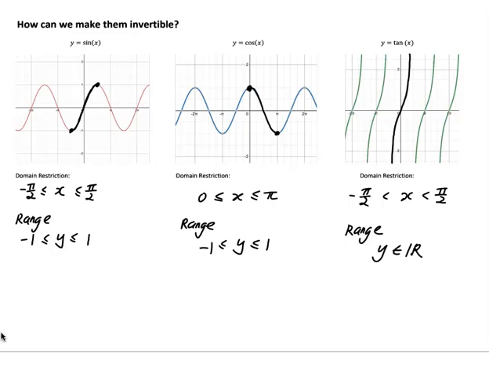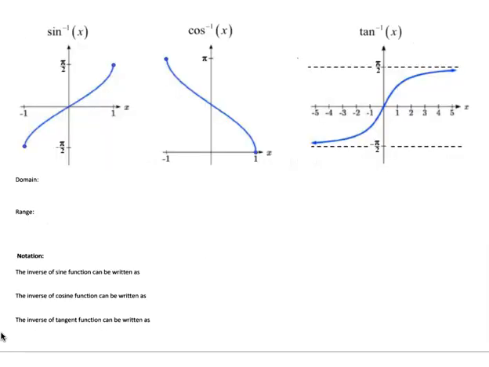So based on these curves that we have for the sine, cosine, and tangent graphs, we're going to draw the inverse function graphs based on the symmetry with respect to y equals x. So these are the graphs of the inverse functions.